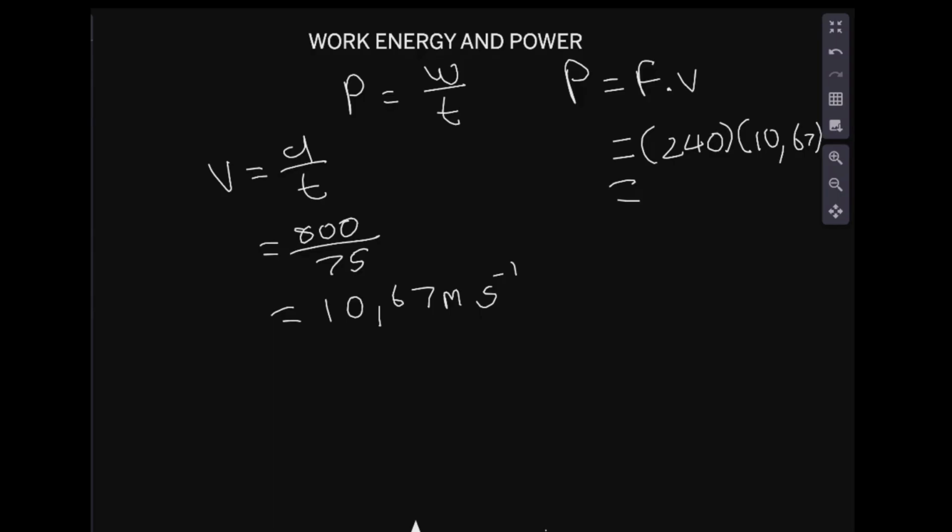Remember to round off to 2 decimal places. 10.67 multiplied by 240 will give us 2,560.8 watts.